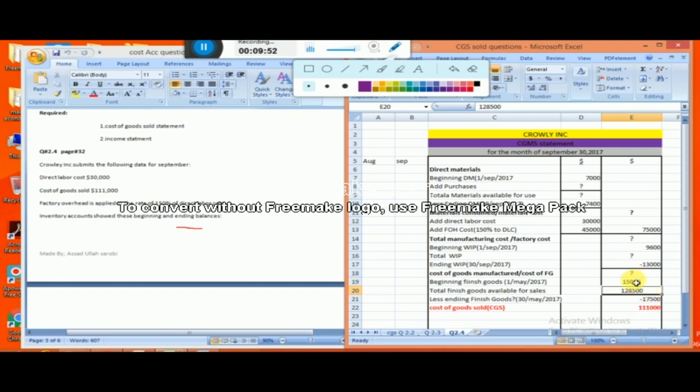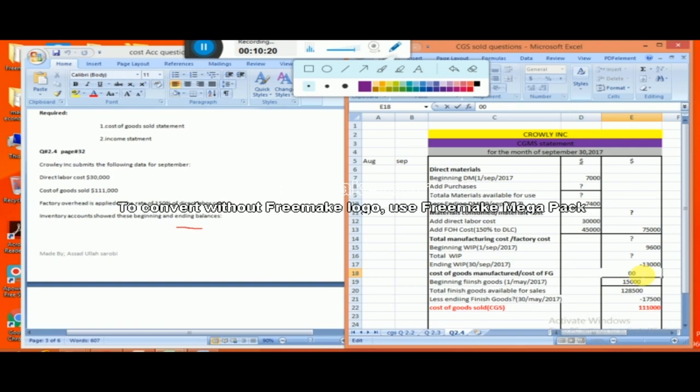Now look at 1,28,500. Beginning inventory 15,000, that is plus, so here we will minus. 0 minus 0 is equal to 0. Now 0 minus 0 is equal to 0.